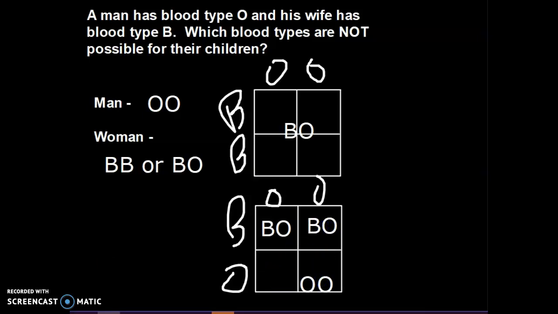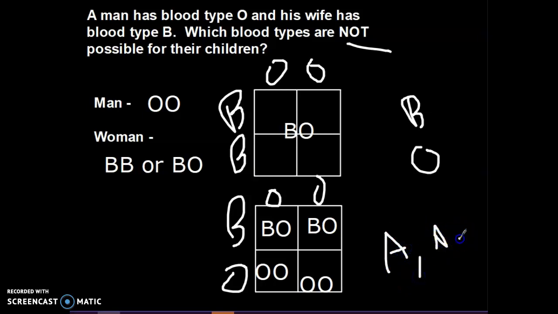Or we could have O. Okay, so if the mom is heterozygous for her B blood type, then there's a 50-50 chance they'll have B or O. But the question says, which blood types are not possible? Well, we know if we can have B or O, then the ones that are not possible are A and AB. Okay, because there's no A allele anywhere, so it's not possible for them to have that type.